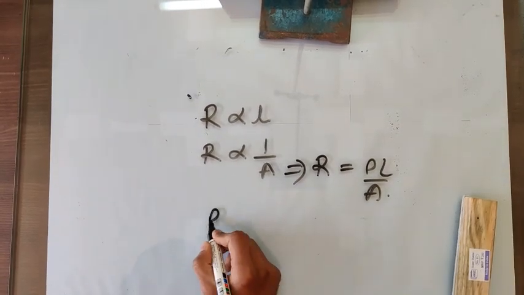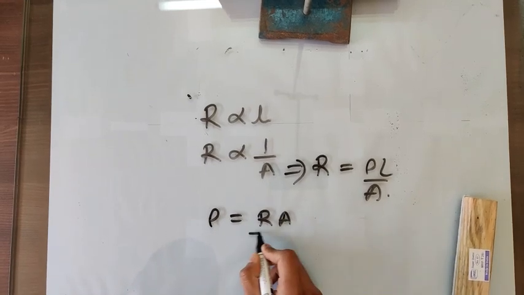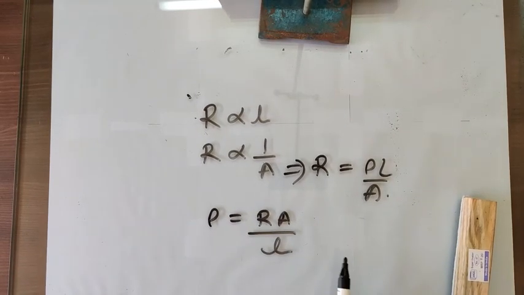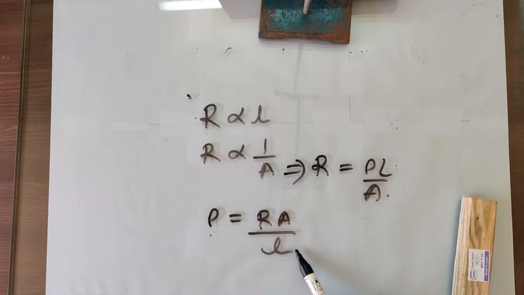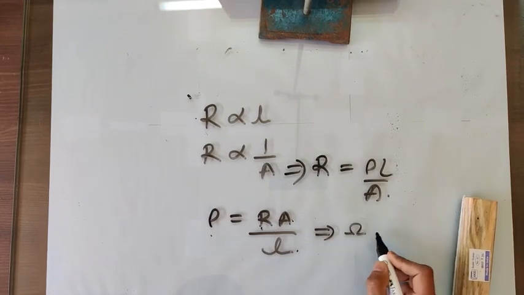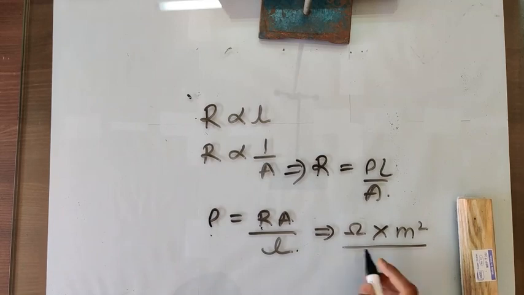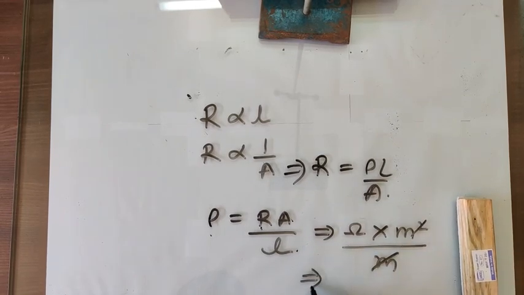So rho is equal to R A upon L. The resistivity or specific resistance of a material may be defined as the resistance of a conductor of that material having unit length and unit cross-section area, and its unit is ohm meter square upon meter. So ohm meter is the SI unit of resistivity.